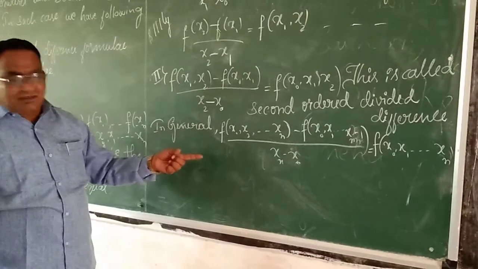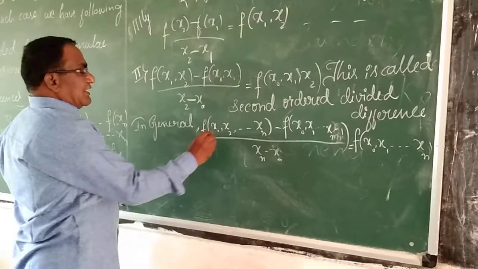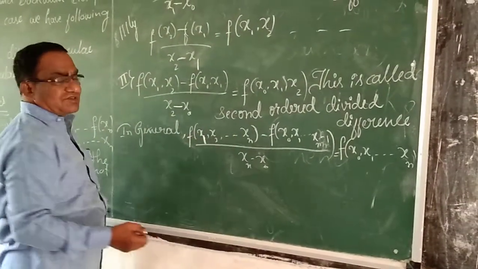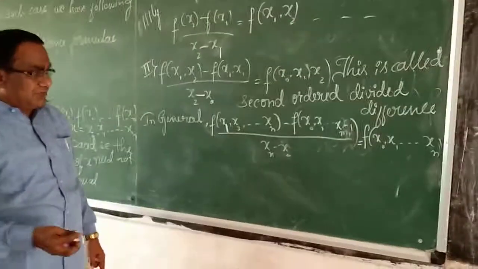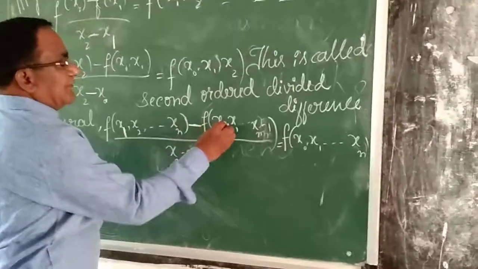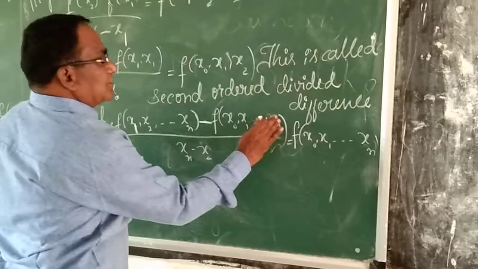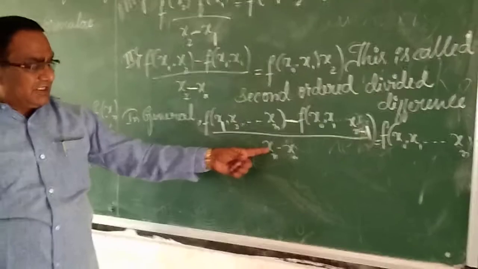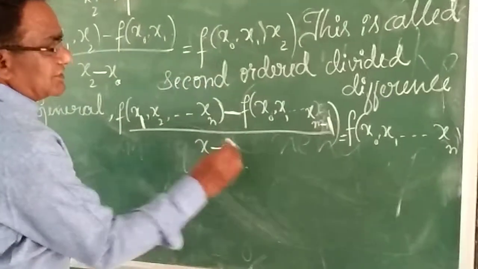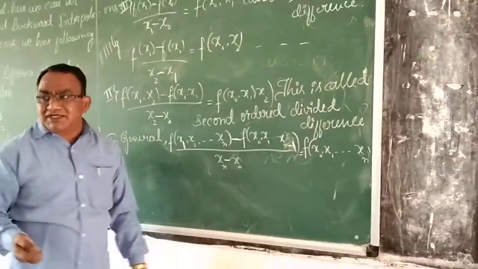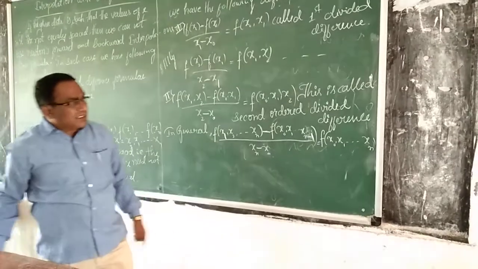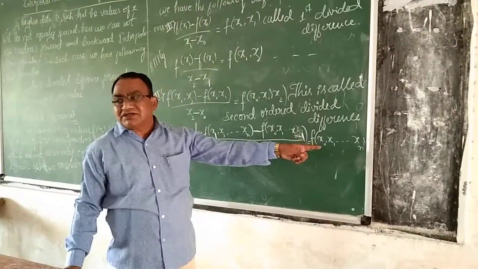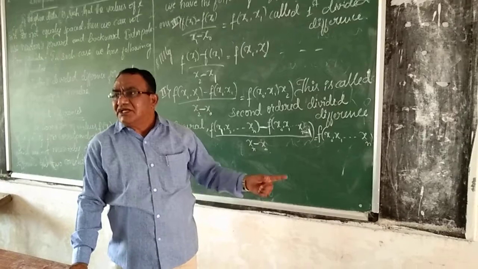This is called second order divided difference. In general, f of x1 comma x2 comma x3 and so on up to xn minus f of x0, x1 and so on up to xn minus 1, divided by xn minus x0, is denoted by f of x0 comma x1 comma and so on up to xn.